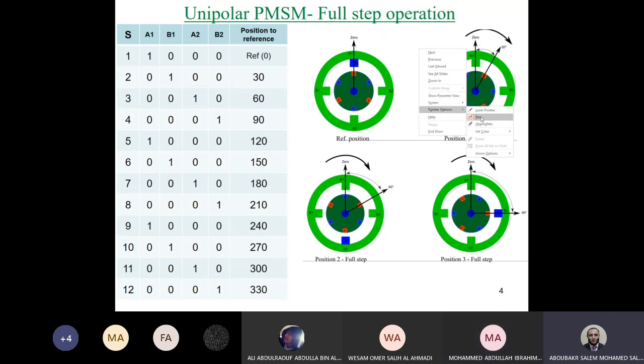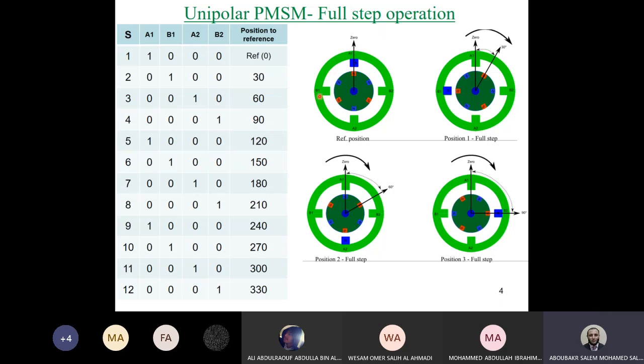Right. Second, so we made this step now. When we energize the half B1, the machine moves 30 degrees. In the same way, we are going to energize the coils or the motor poles in the same sequence, which means we started with A1, then B1, so we will continue in the same direction.